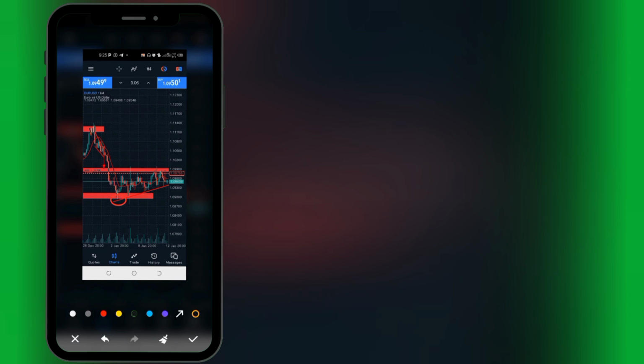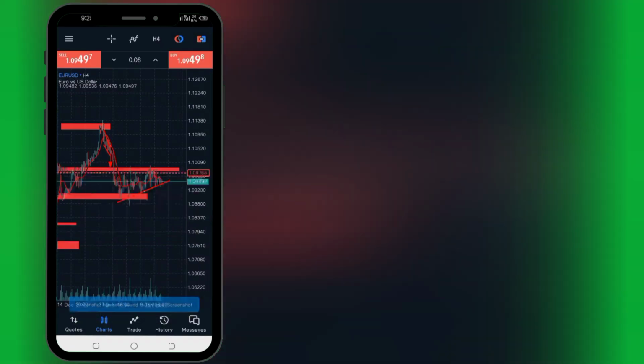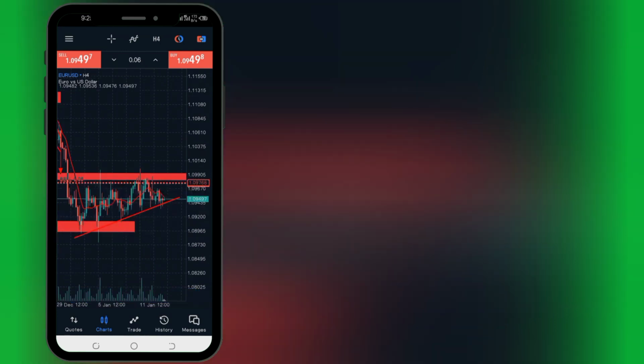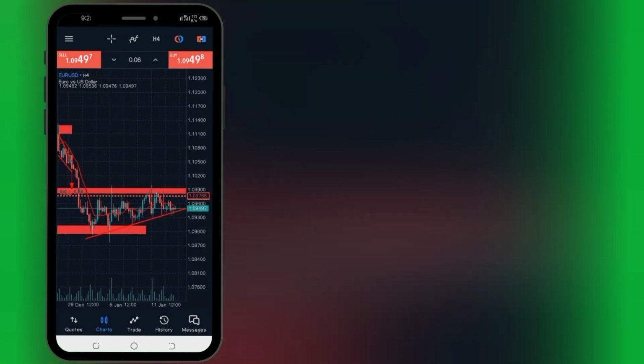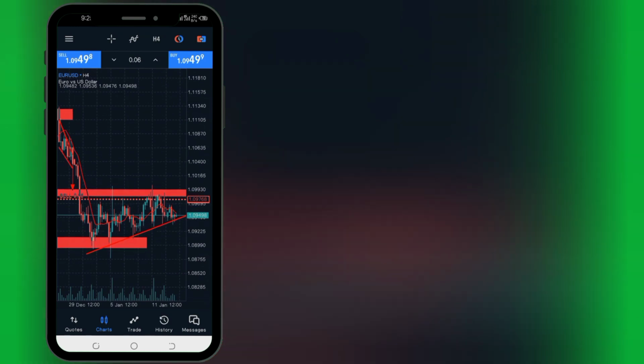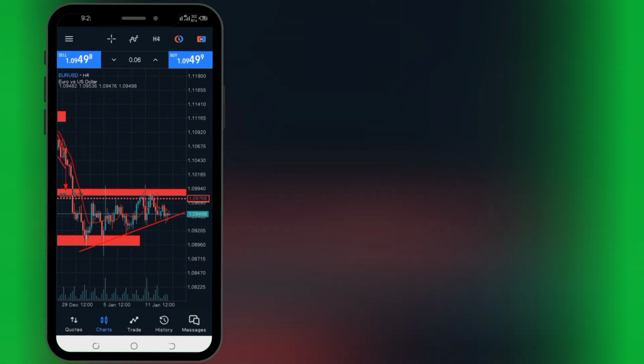And immediately I saw the market was making a continuation chart pattern. It's more like a bearish flag pattern. You can see, let me show you guys.